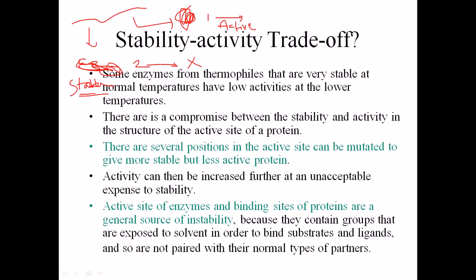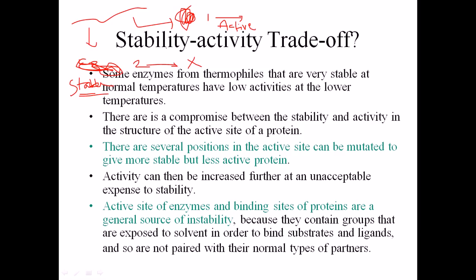That means in the first case, we are producing a protein which is not that stable in the environment. It is vulnerable to damage in the environment, but it can give rise to a very highly accurate, very active and efficient enzyme.